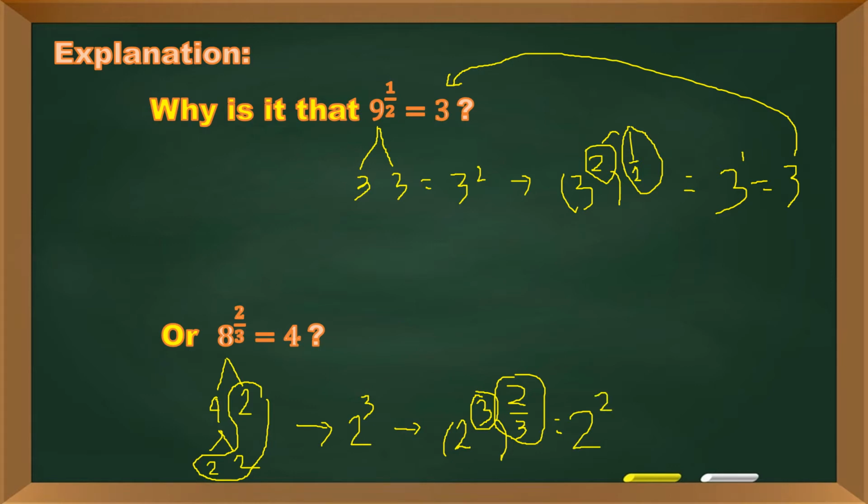So our result is 2 raised to 2, which is 4. Because 2 times 2, or 2 raised to 2, is 4, which is, of course, this one.